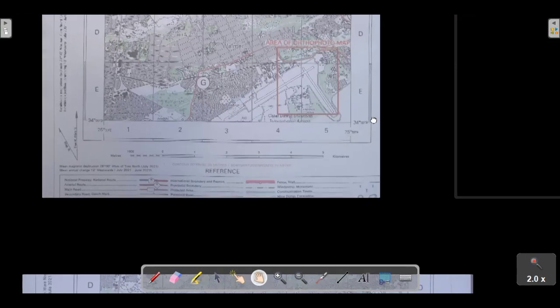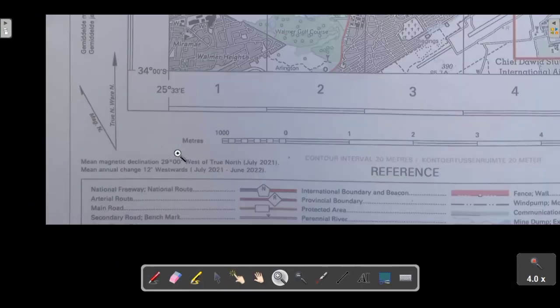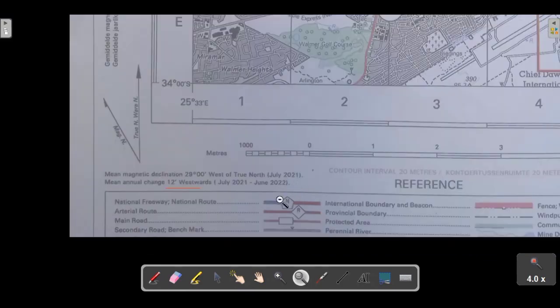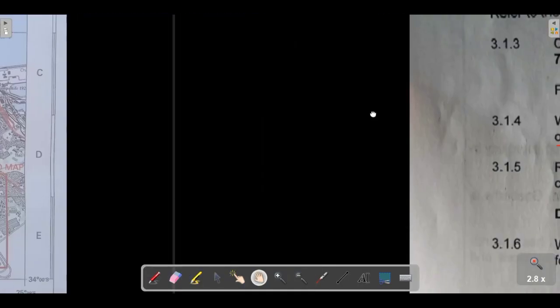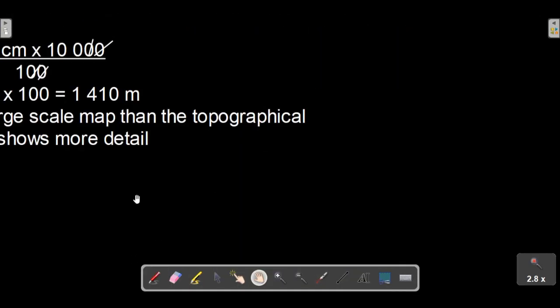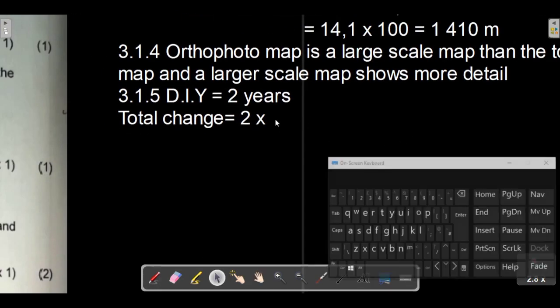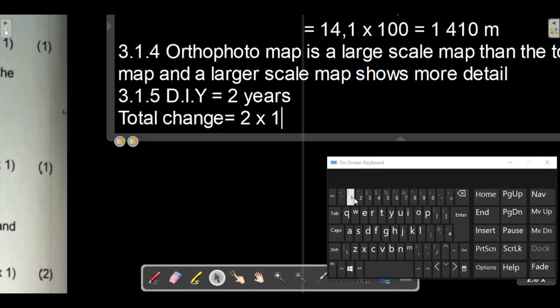So let's look at the mean annual change here. There we go. So that's the mean annual change, and it is 12 minutes westwards. That's what we are going to multiply the 2 years with. So we'll multiply with 12 minutes. It's very important that you write down these. So what do you get then?